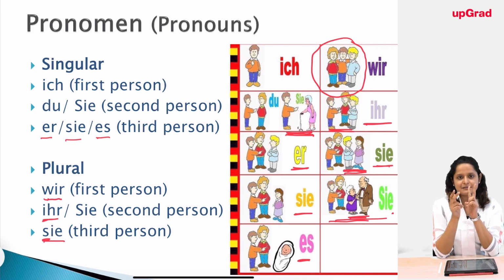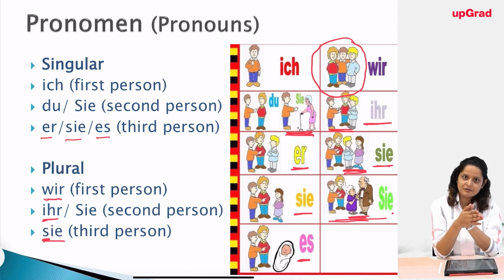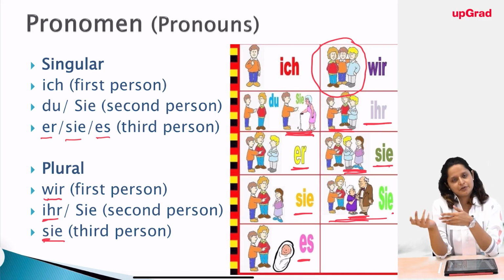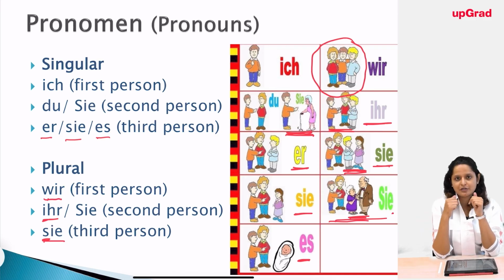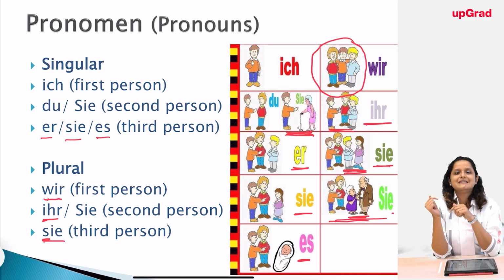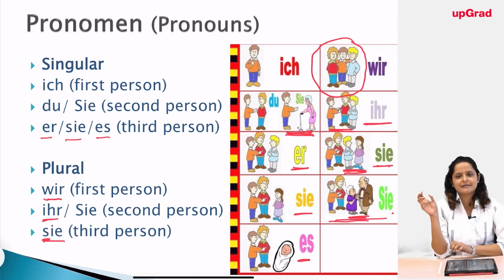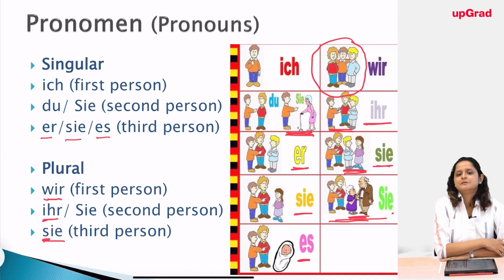Your second person, when you are talking to more than one person, informally becomes ihr, formally remains Sie with the S capital, and your third person becomes sie plural with the s small, but this sie addresses a group of people or a group of things indirectly as a third person.